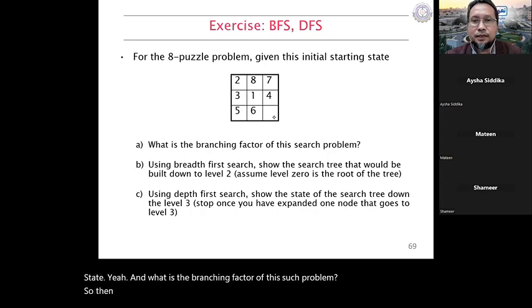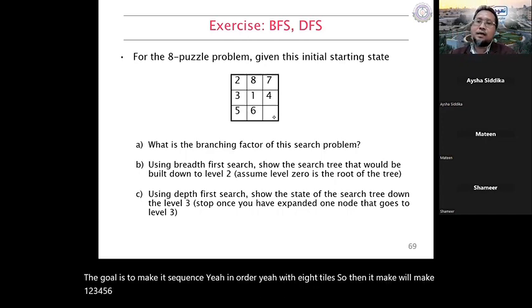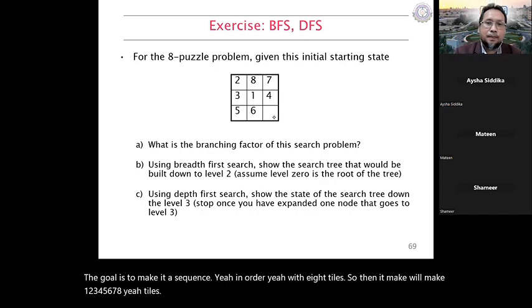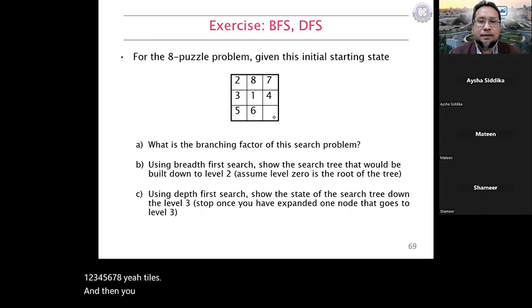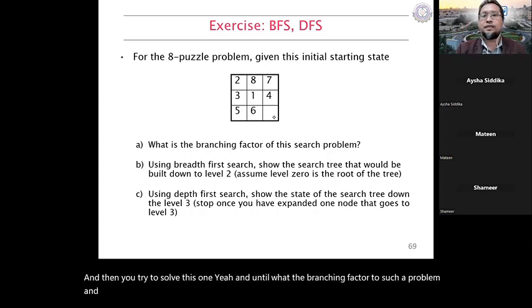You should define the goal. This is the initial state, and the goal is to put the 8 tiles in sequence, in order: 1, 2, 3, 4, 5, 6, 7, 8. Then try to solve it and find the branching factor and how to reach the goal.